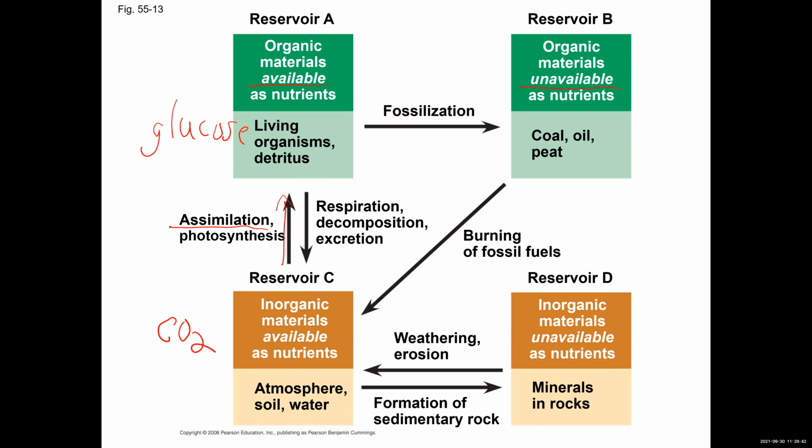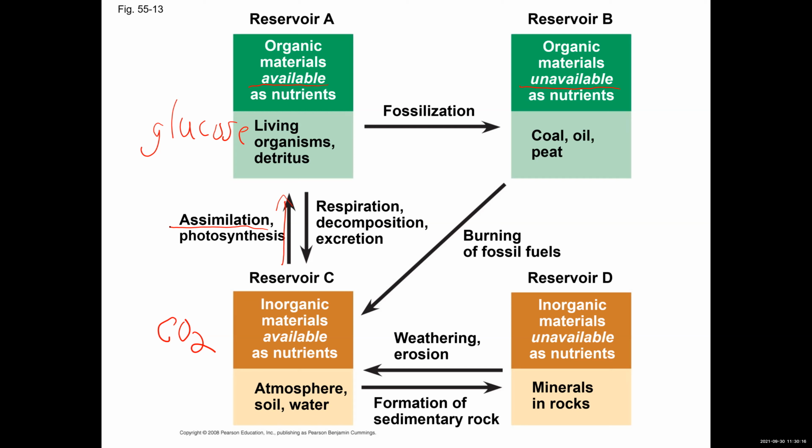All right. Organic materials available as nutrients. We're going to count the bodies of living things in this box as well. All right. When the bodies of living things, carbon-based life forms built mainly of glucose-based or carbon-based molecules, die, fall to the bottom of the ocean, or pile up in low oxygen environments over long periods of historical geologic time, they can become fossilized, right?